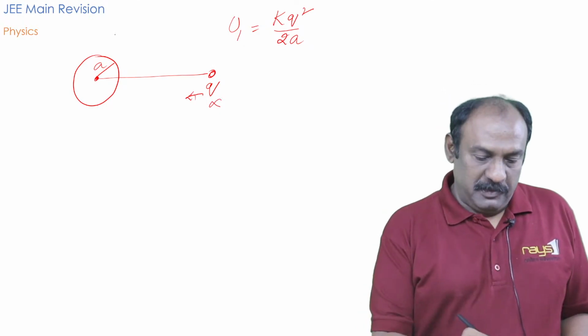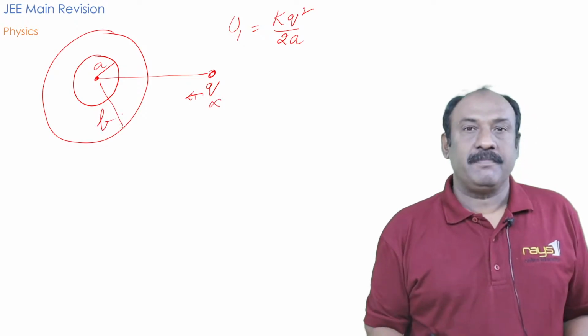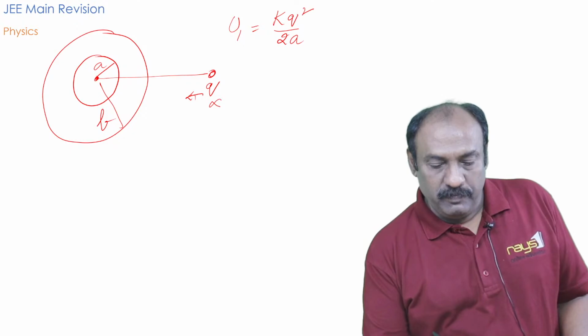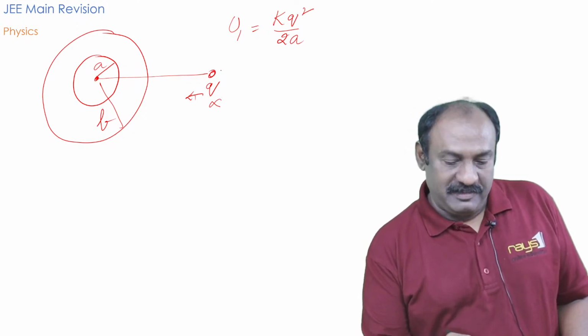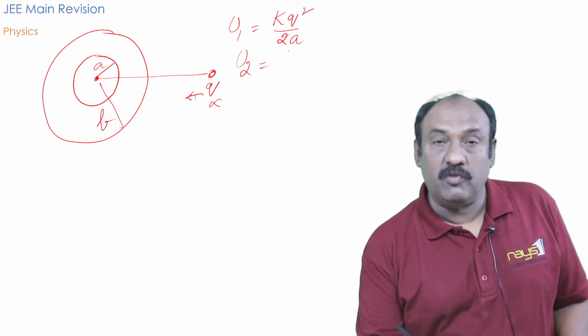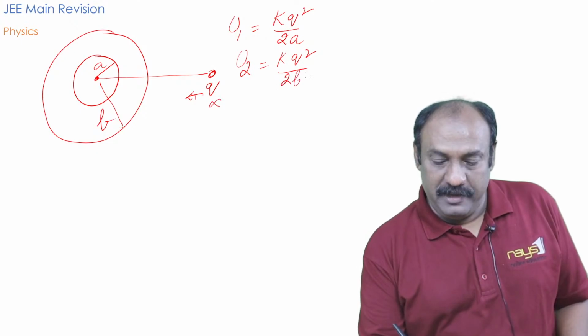Next, suppose it is surrounded by another shell of radius B. Then the amount of work done to move the charge from infinity to the center of the second shell of radius B, its self energy is U2 equal to K into Q square by 2B.